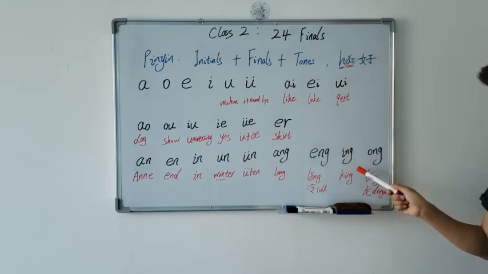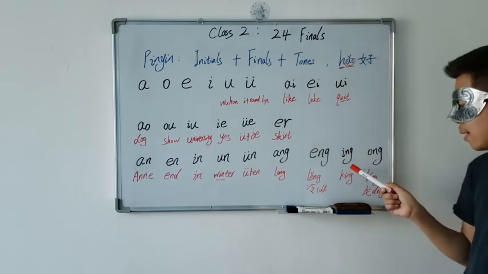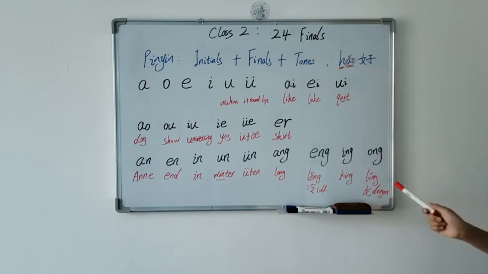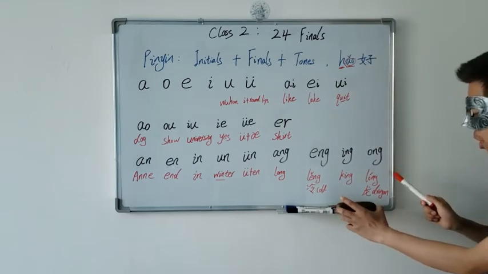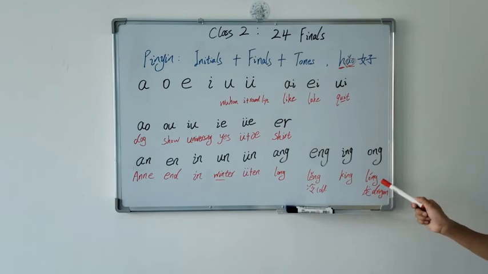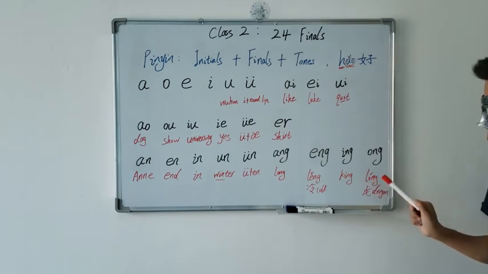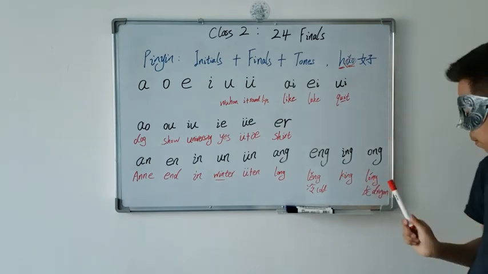Then the following one is yin, like king. Then the last one is long, the Chinese dragon.